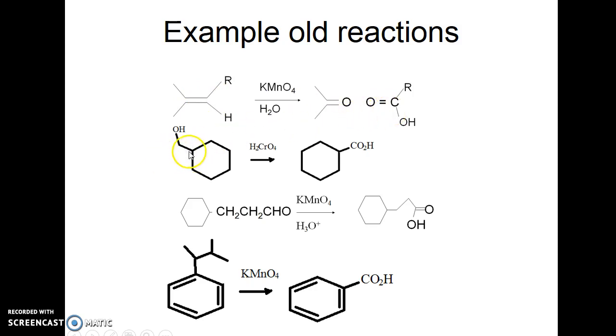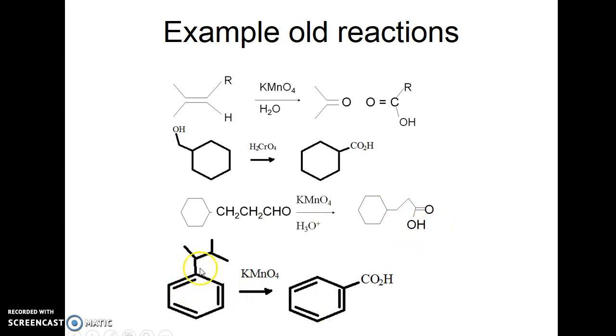If we have a primary alcohol, we can treat that with chromic acid, and that turns to a carboxylic acid. Aldehydes can be treated with either chromic acid or potassium permanganate. And what do we get? We get it oxidized all the way up to a carboxylic acid.